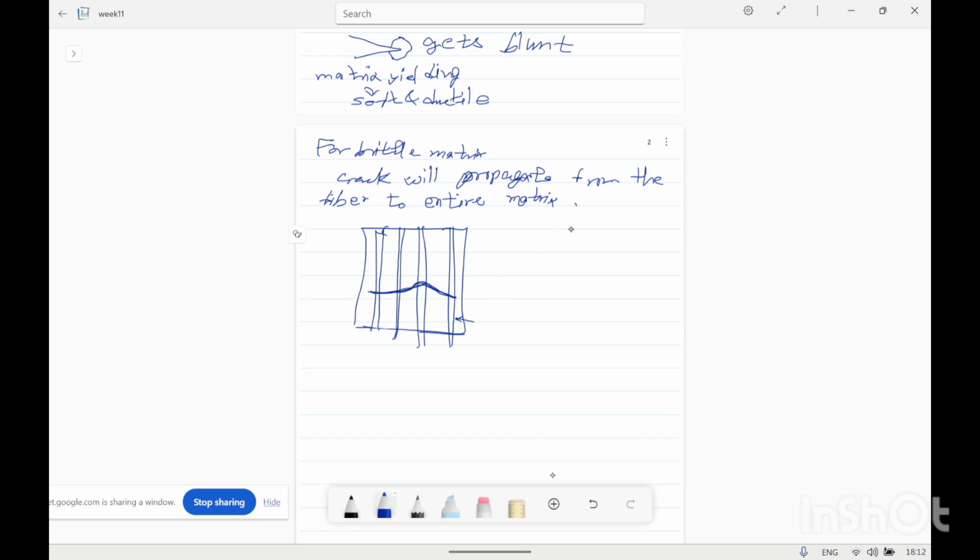In this case, the crack can easily propagate from the fiber to the matrix.